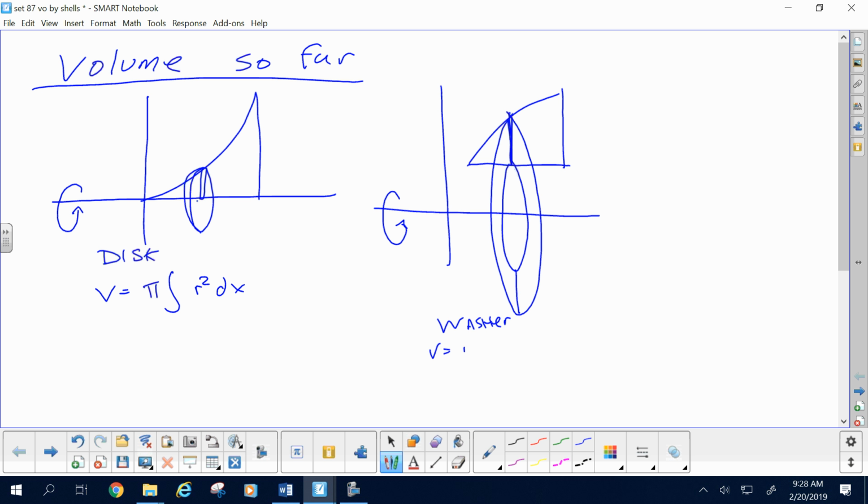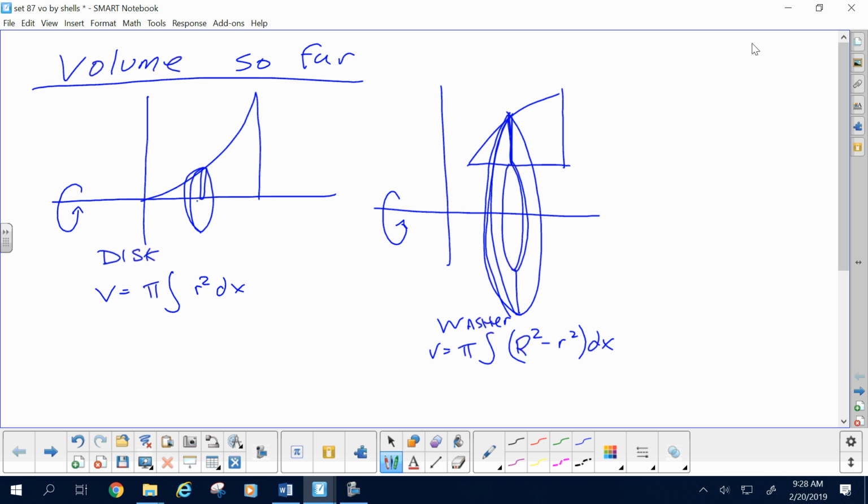We find the volume of that by taking the big circle, which is pi big R squared, and subtracting away the little circle, which is pi little r squared. The height is the thickness. This really small thickness is infinitesimally small dx. That's your view, right? All right.